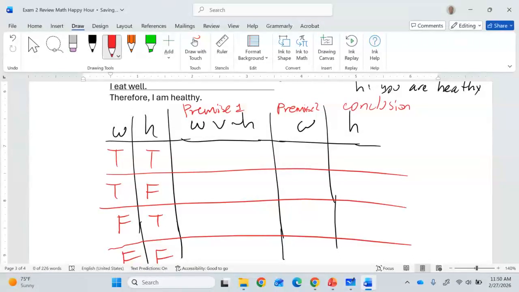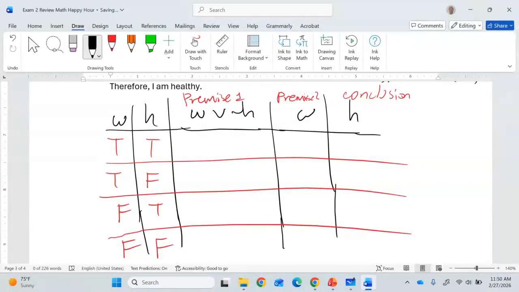So I'm looking for specific rows. Let me show you. Start by doing the values of W. So that would be true, true, false, and then false. And then notice that I have negation H, so change the values: false, true, false, true.